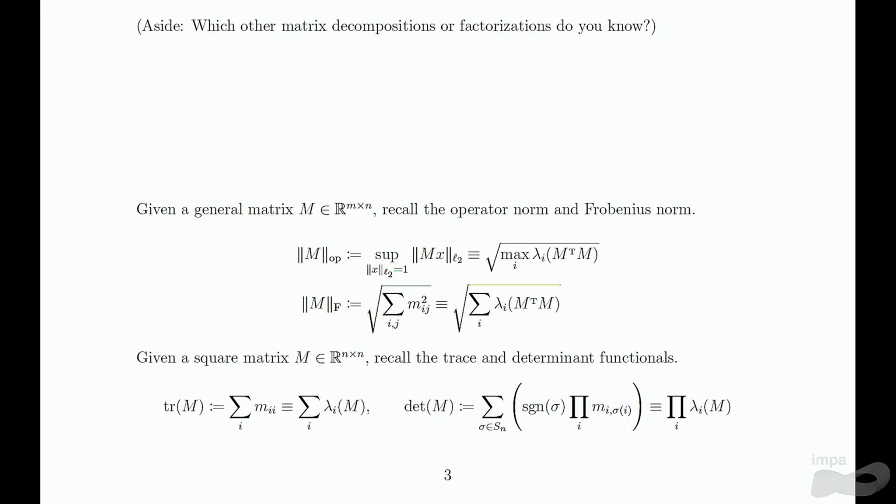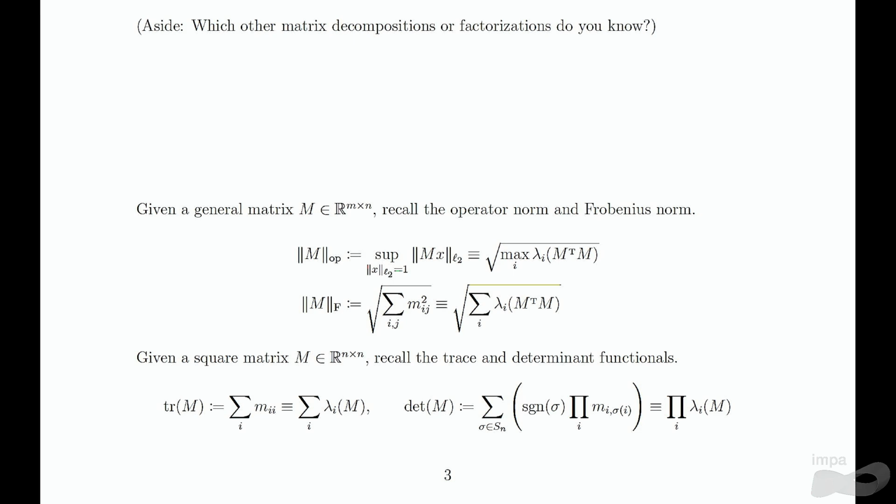That's the 2-2 operator norm on a matrix, but we can also think of that as simply the square root of the largest eigenvalue of M transpose M, giving us the corresponding singular values for a matrix M. Also the Frobenius norm, which has one representation as a square root of a sum of squared elements of the matrix, right? But we can also write it as a sum of the eigenvalues of M transpose M, then take a square root.